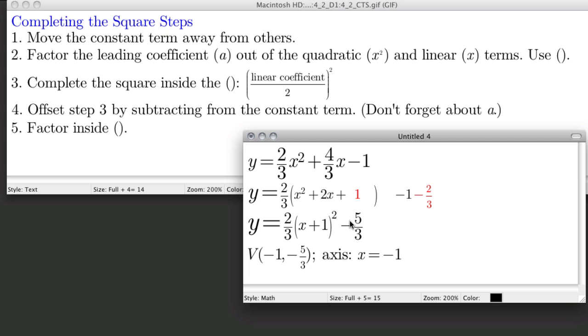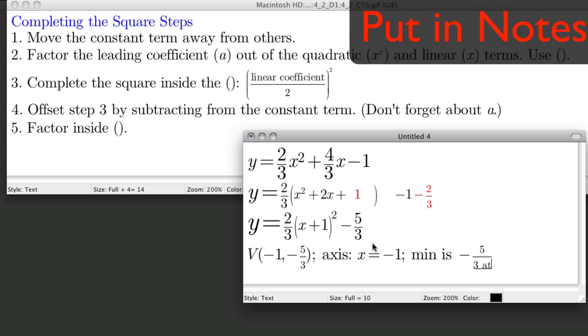And I know that my minimum or maximum, in this case it's going to be a minimum because the a coefficient is positive, which means the parabola opens upward. The minimum is negative 5/3, and it occurs at x equals negative 1. And there you have it.